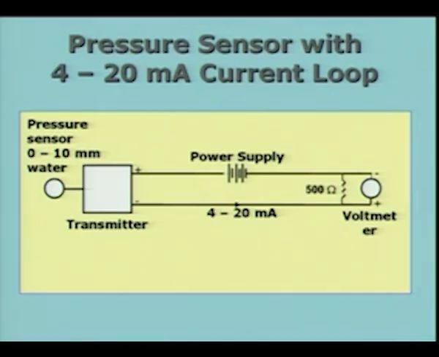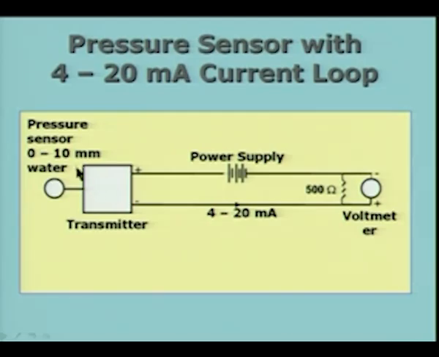The next one is a more interesting case. In fact, we are coming back to this particular sketch. In the last lecture I talked about the 4 to 20 milliampere current loop. Here I have a pressure sensor with a 4 to 20 milliampere current loop, capable of measuring 0 to 10 millimeters of water. If you remember the example I worked out, the maximum is about 6 millimeters.